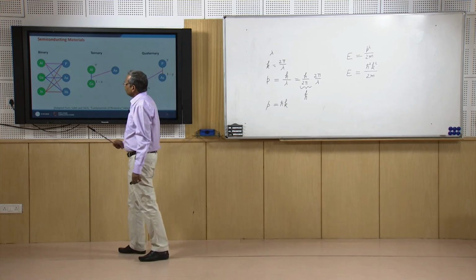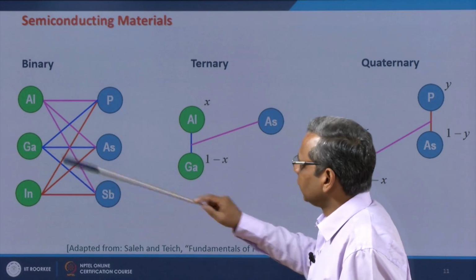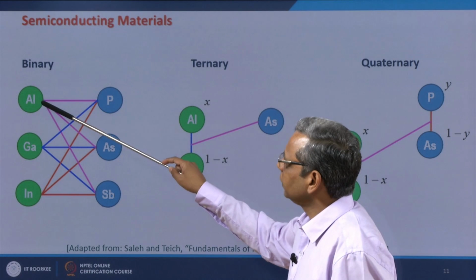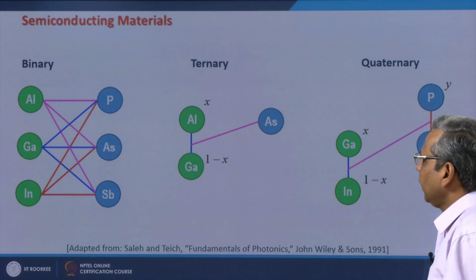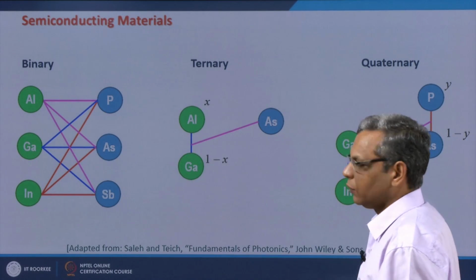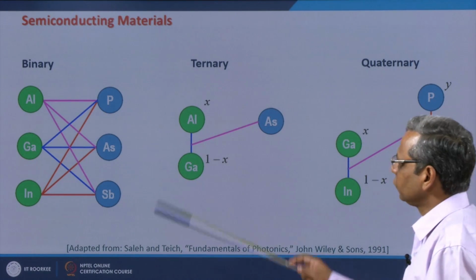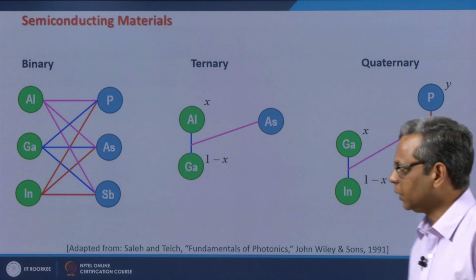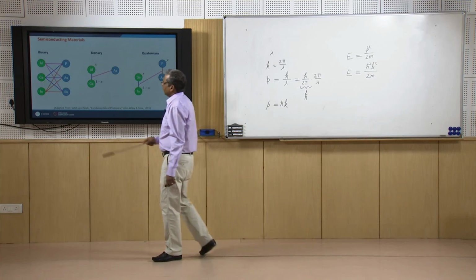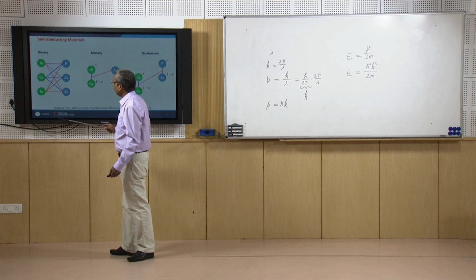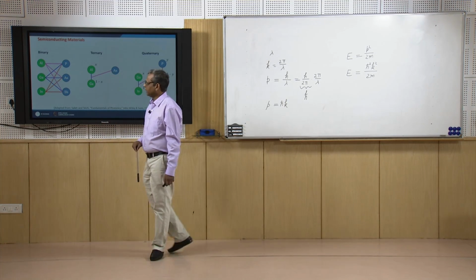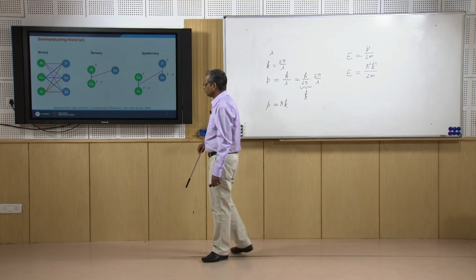So, what I can do is take elements from the third group of the periodic table like aluminum, gallium and indium, and take elements from the fifth group like phosphorus, arsenic and antimony. I can take one from here and one from here and make a semiconductor which is known as a binary semiconductor.